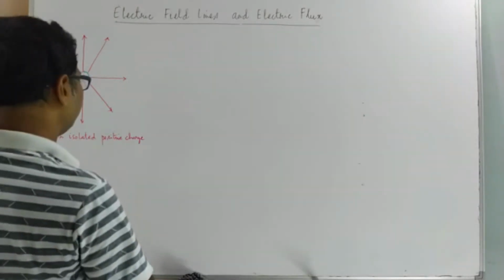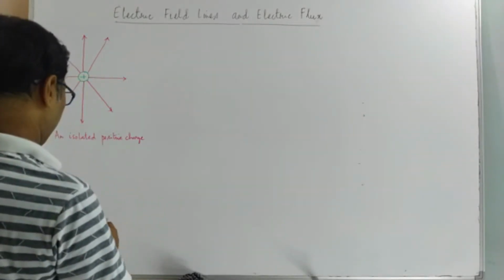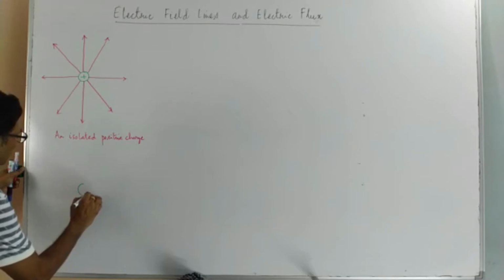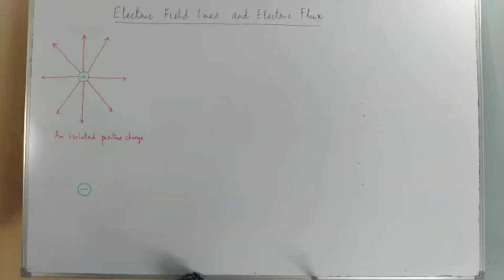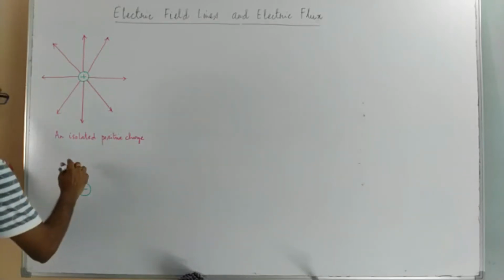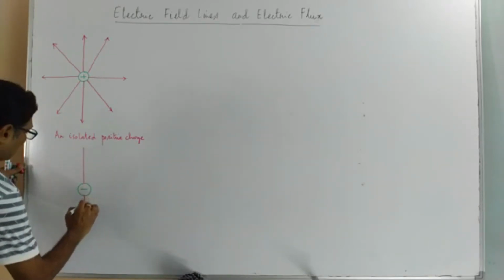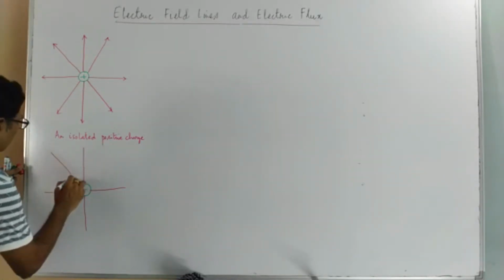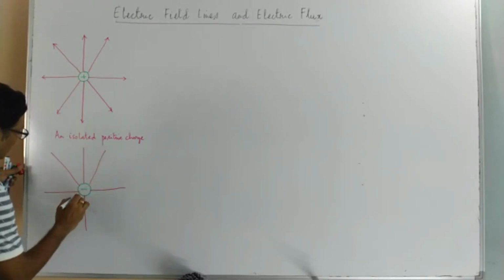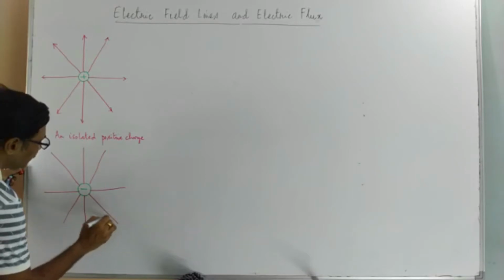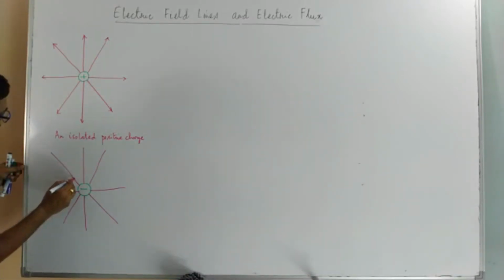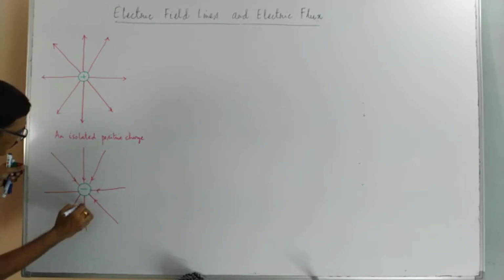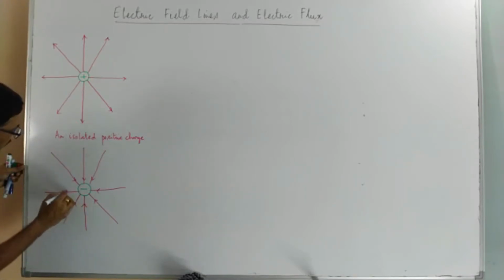Then I consider an isolated negative charge. In this case, the lines of force will be in the radially inward direction.